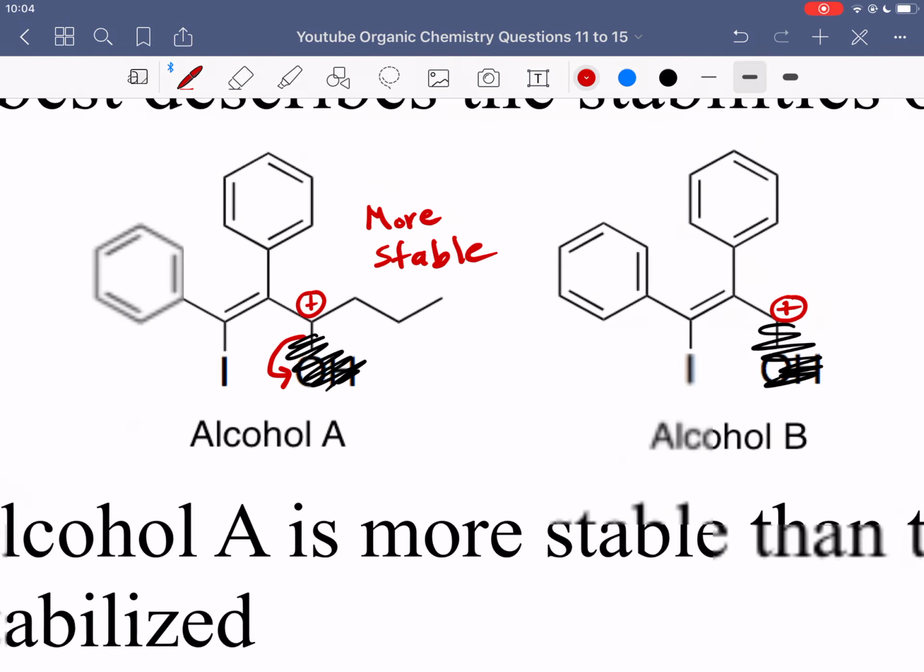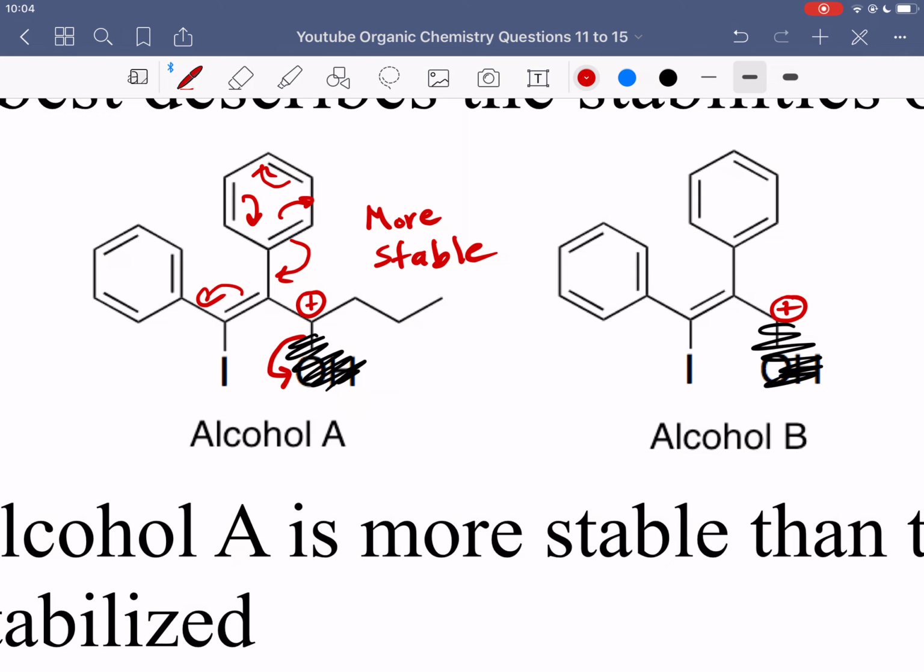The reason that it is stable is not due to anything with resonance. Resonance is just shifting around of electrons. There is a lot of resonance going on between these aromatic rings, and we can also say there's resonance going on throughout this entire system.